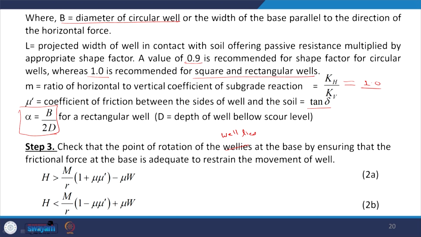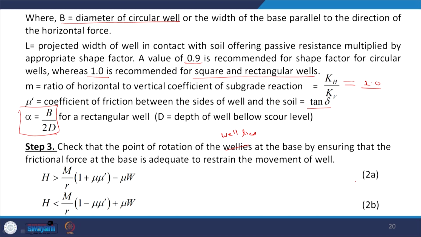This can be ensured if the value of H is greater than what is given by equation 2a, or H is less than 2b. You need to understand H is the horizontal force. So, the relation between horizontal force and moment should satisfy equations 2a and 2b.